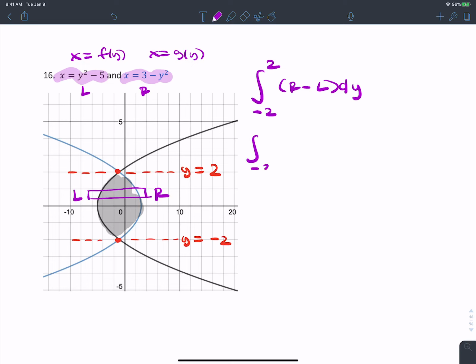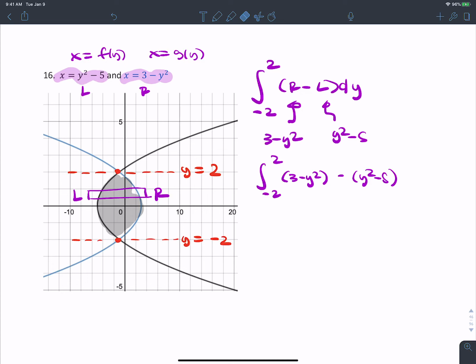So -2, let's actually do the algebra first because we don't want to keep writing all that stuff down. What was the right curve again? Isn't that 3 minus y squared? And the left curve was y squared minus 5. So it's from -2 to +2, and you get 3 minus y squared minus y squared minus 5.